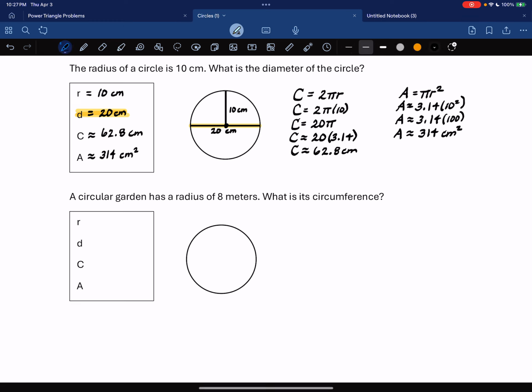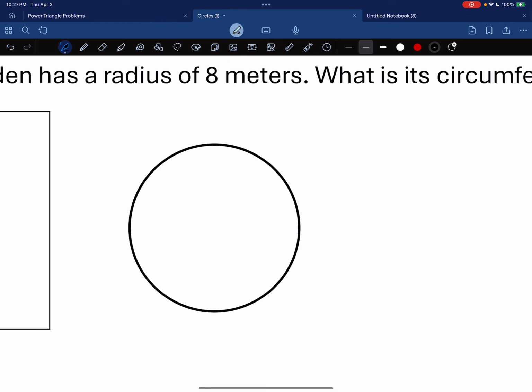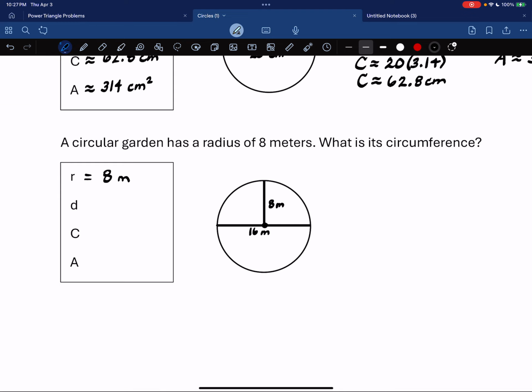And finally, on this page, a circular garden has a radius of 8 meters. So if you look at that on the circle itself, when you get sick of this, you'll remember it for a lifetime. So 2 of those would give me diameter, so that's 16 meters.